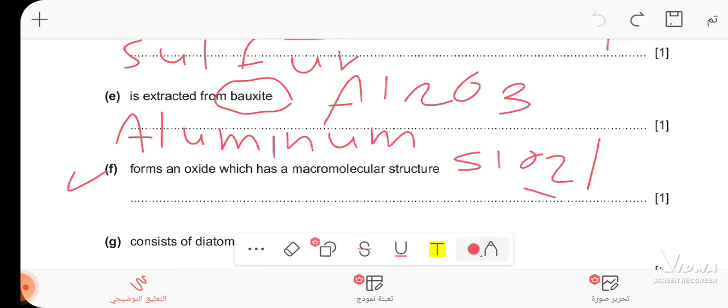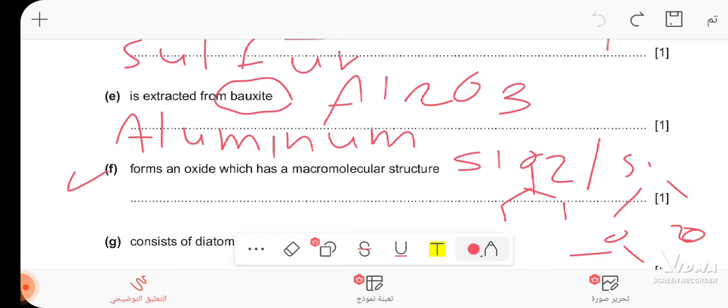In SiO2, each silicon atom is attached to oxygen, and so on, forming a tetrahedral structure.